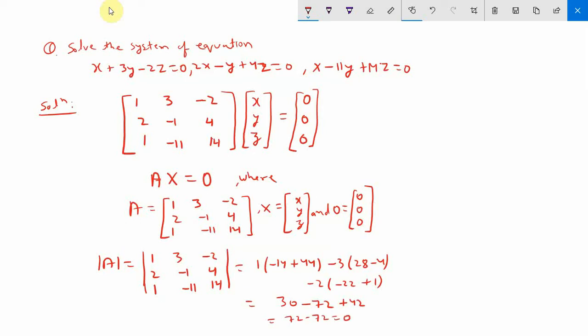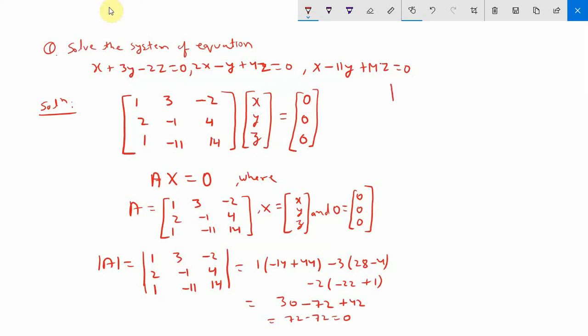So now we have seen, in case of homogeneous equations, if the determinant of A is equal to 0, then the system will have a non-trivial solution and will have an infinite number of solutions. Okay.